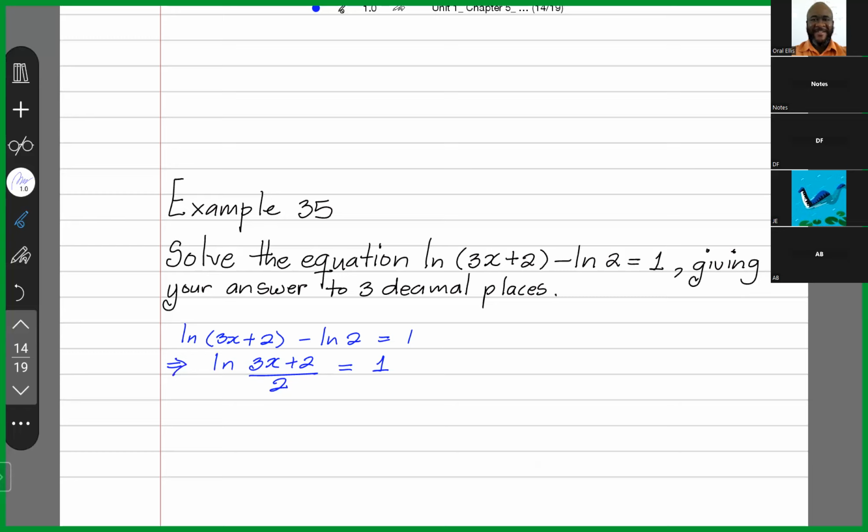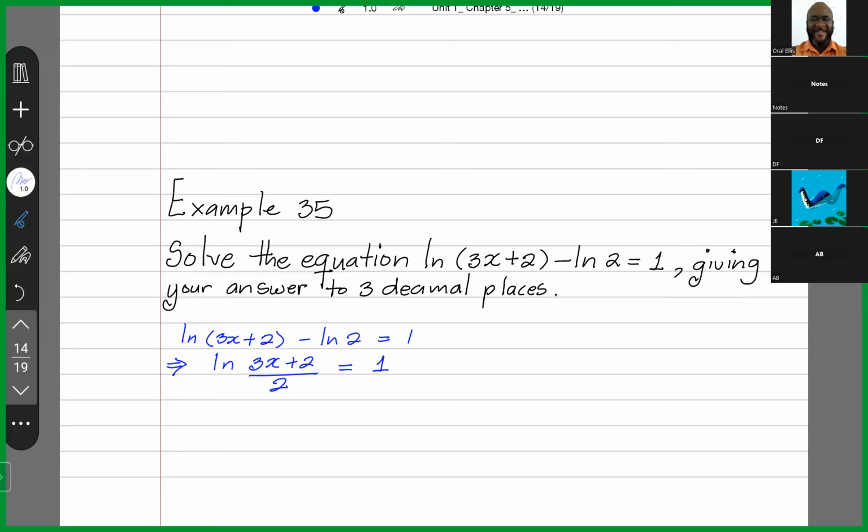Now the next thing I'll do is move from the log form to the index form. In the log form, we have the log to the base e of the number (3x + 2) over 2 is equal to the power, which is 1.